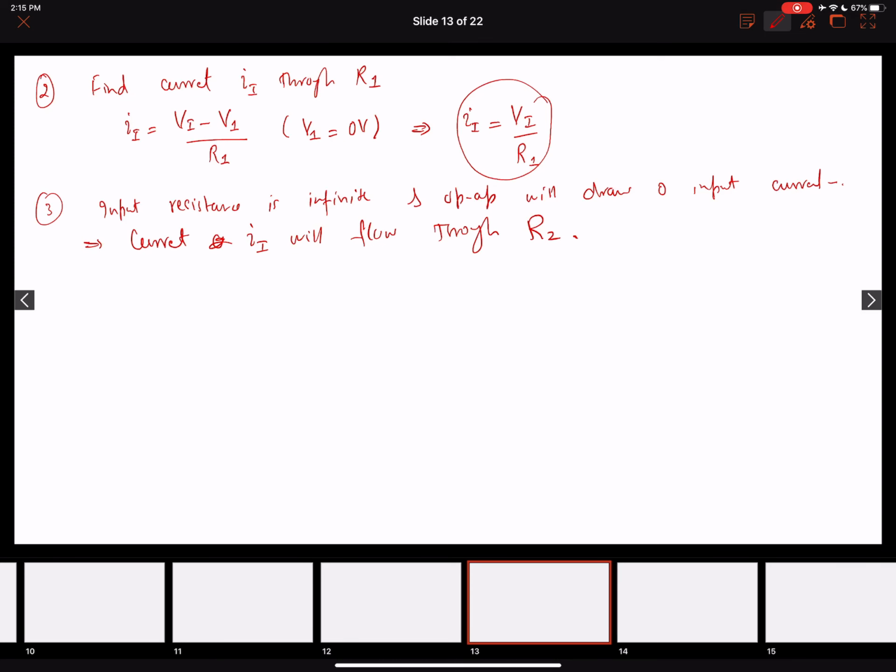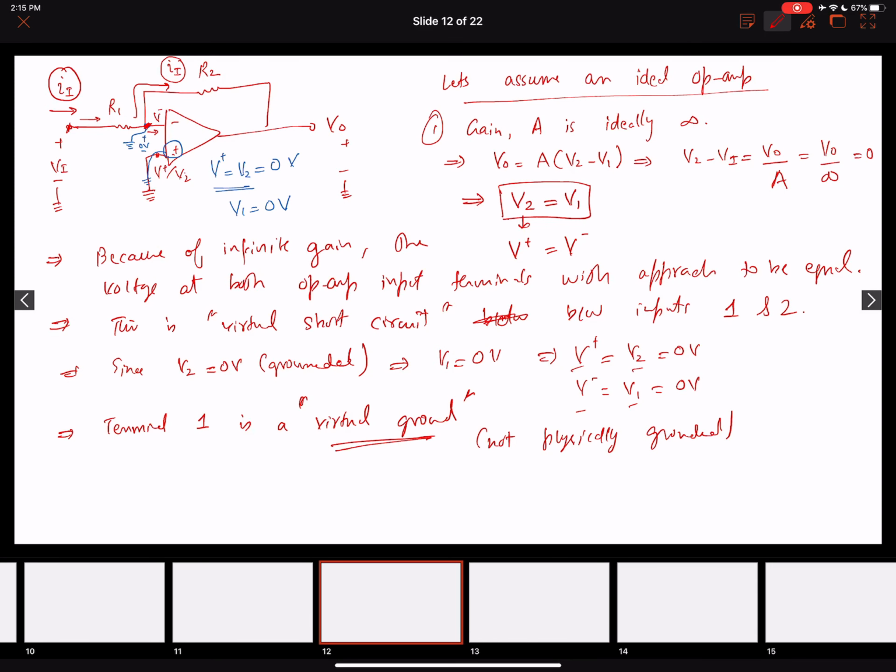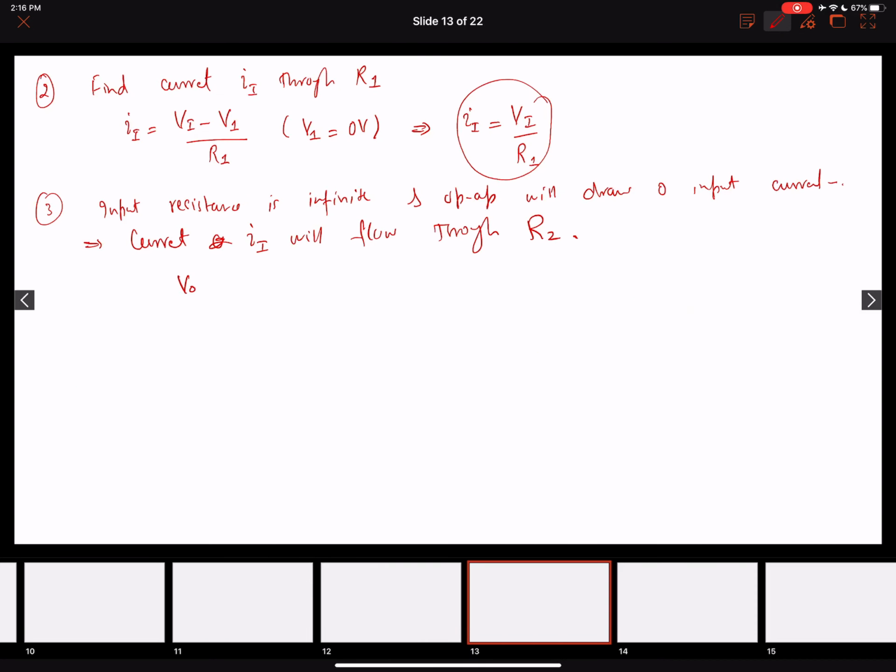So now if we apply Kirchhoff's law over here to find this II, at the output voltage V naught, V naught equals V1, which is this node, or V negative, minus II R2. So V naught equals V1 minus II R2.